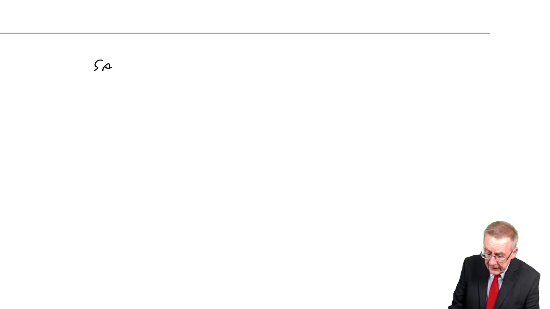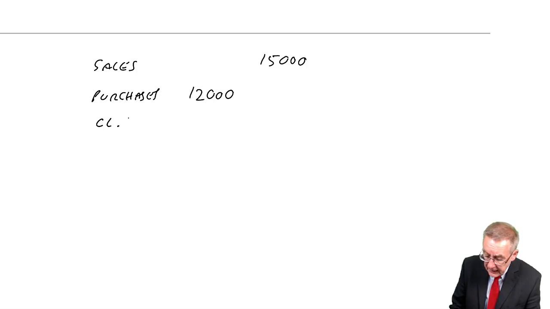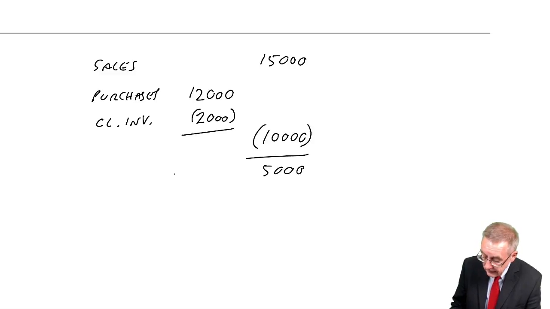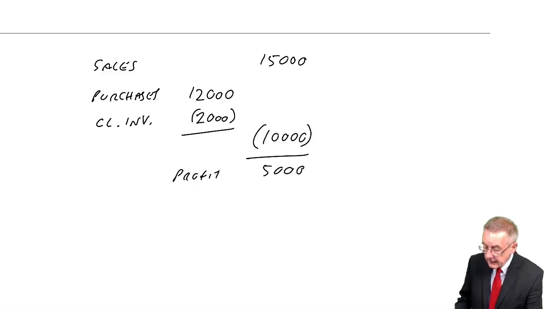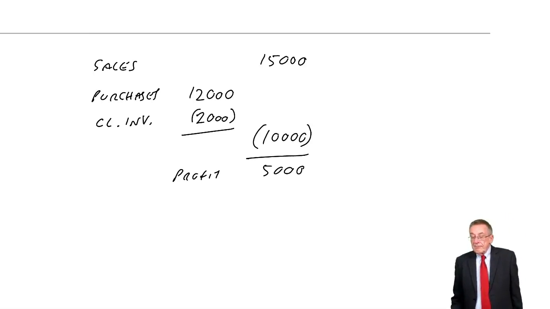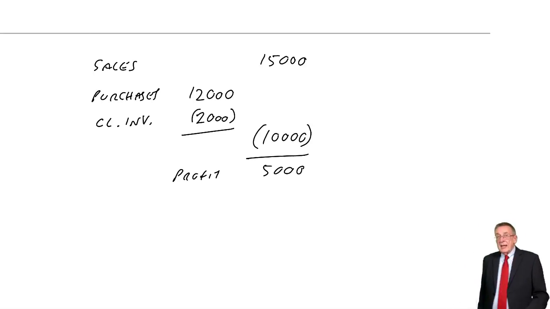Suppose I told you sales were 15,000. Suppose I told you purchases were 12,000 and there was closing inventory of 2,000. I'll go back to our figures in a minute, but nothing new there.